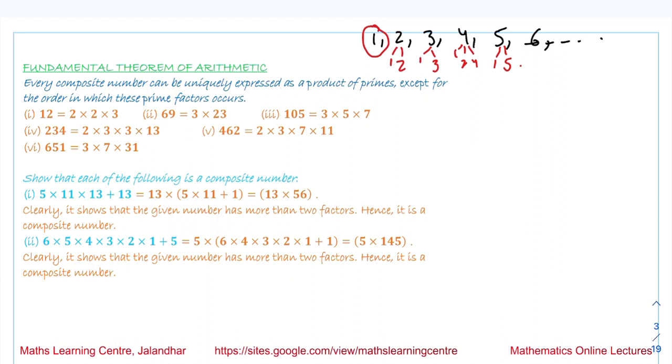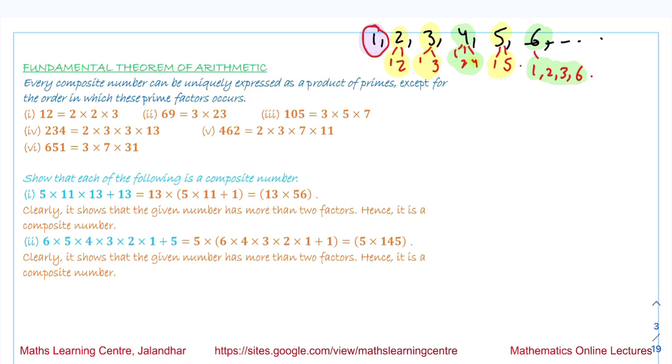Similarly, if we look at the factors of 6, it is 1, 2, 3, 6. So 1 is neither prime nor composite, and 2, 3, 5 have two factors, so these are the prime numbers. 4 and 6 have more than two factors, so these numbers are composite numbers.